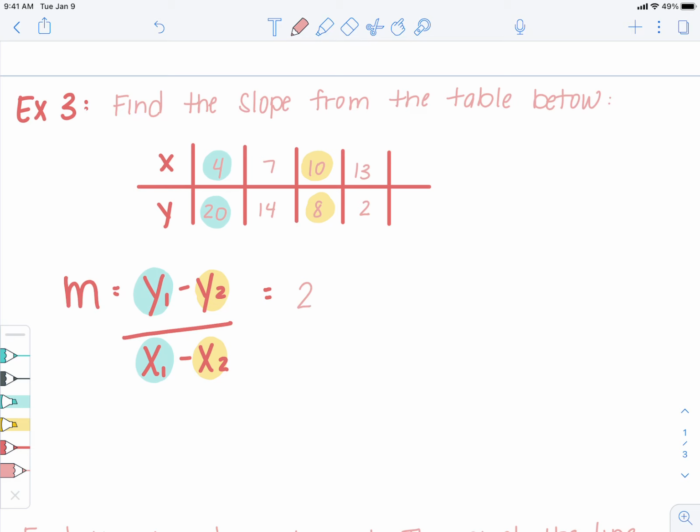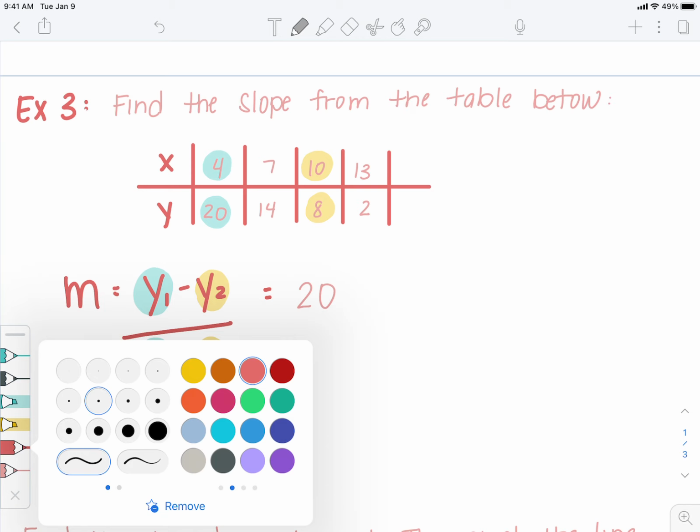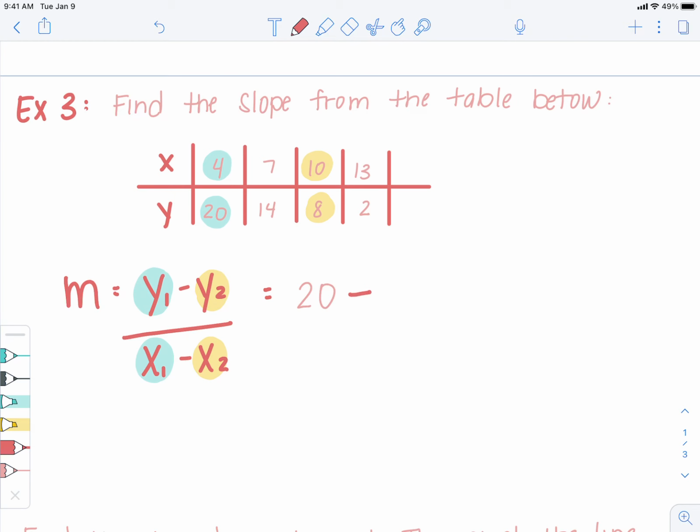So I have 20 minus y2, the y value of my yellow point, which is 8, over my blue point's x value, 4, minus my yellow point's x value, 10. It's coming back to you?